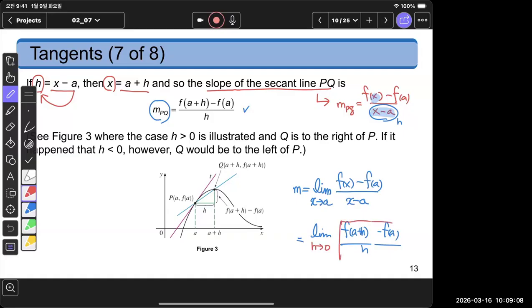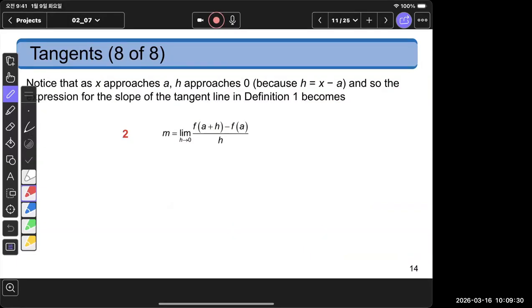If this function has the limit, then that limit defines the value representing the slope of the tangent line. So we can define m in two different ways, and whatever is convenient can be used, because as x approaches a, h goes to 0.